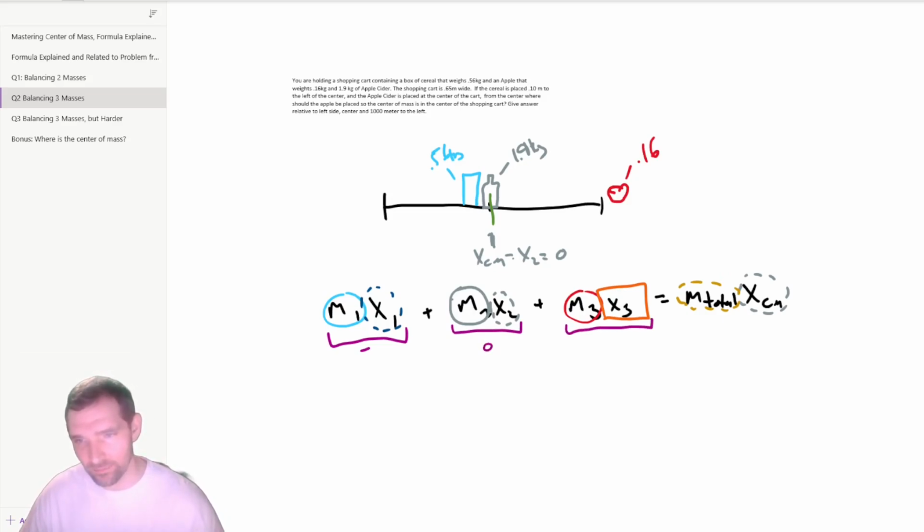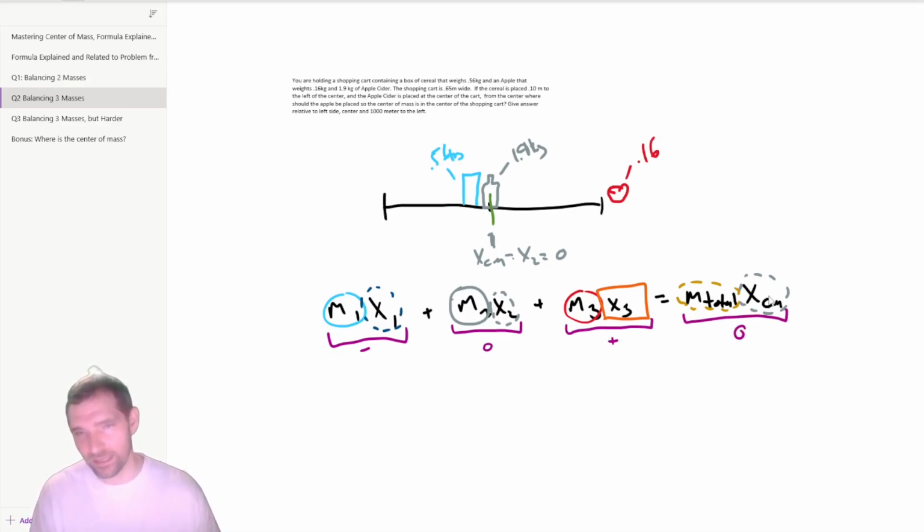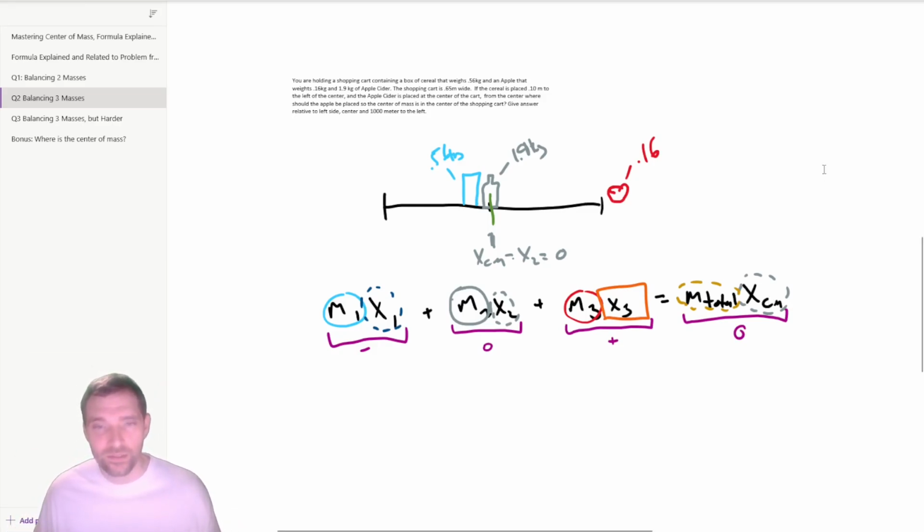And now this thing's value will be positive, and they should end up canceling out appropriately. So it's just a matter of figuring out what displacement you're going to use for x1 to end up getting a center of mass of 0, so that that whole part calculates out to 0.